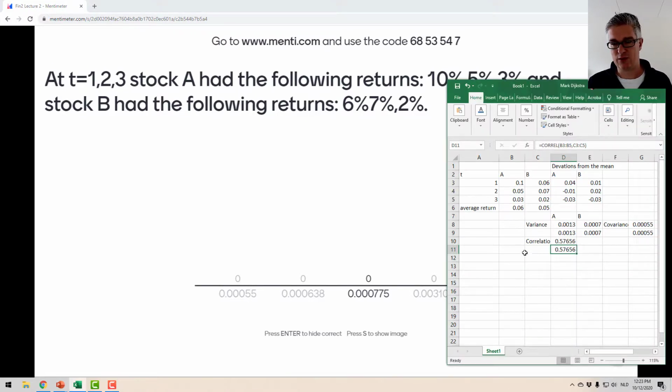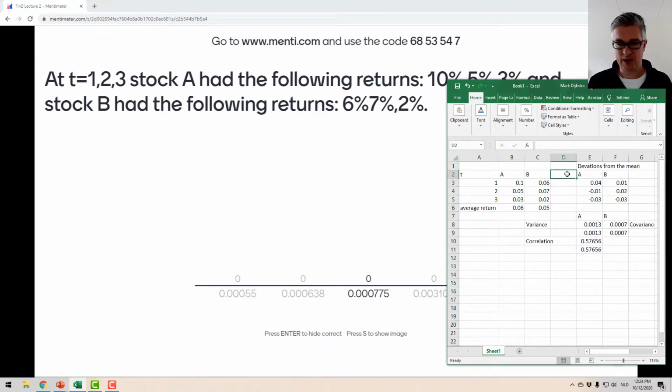So let's see if we can also calculate this. If we want to take the variance of the portfolio, let's first calculate what the return of the portfolio is. Well, the return of the portfolio is simply 50% A, 50% B. And then if we calculate the variance of this portfolio, let's do var.s. Then the actual variance is 0.00078. Let's see if we get the same with our calculation.